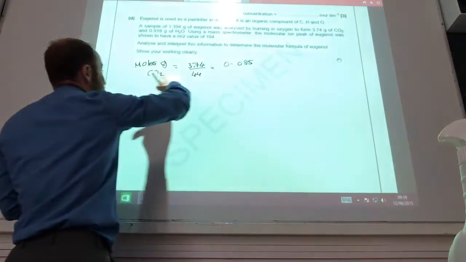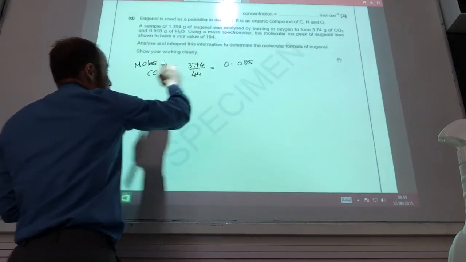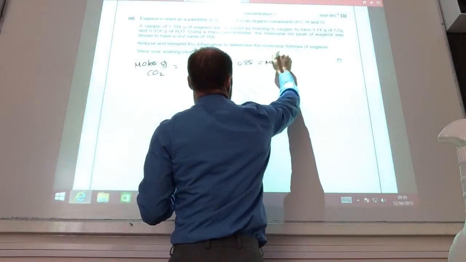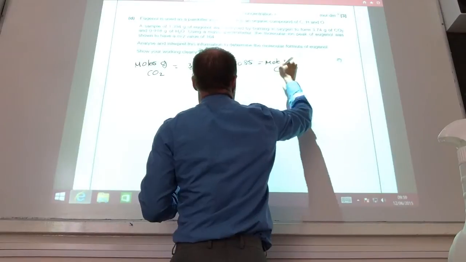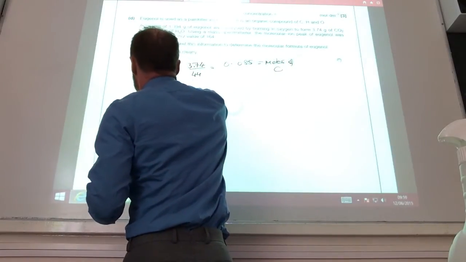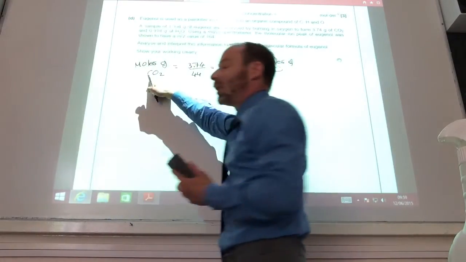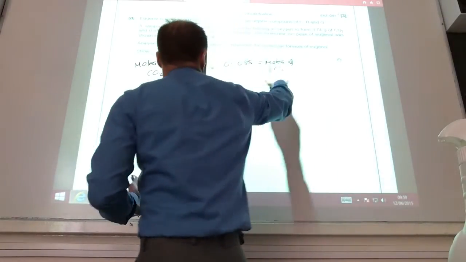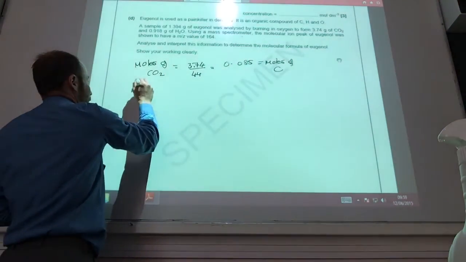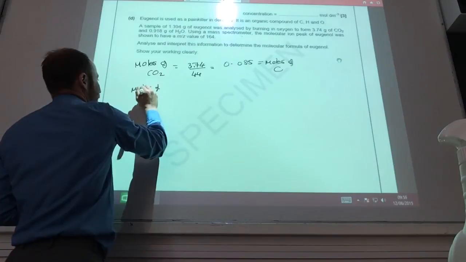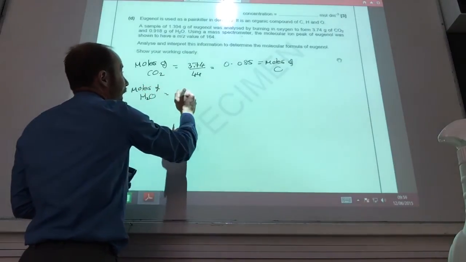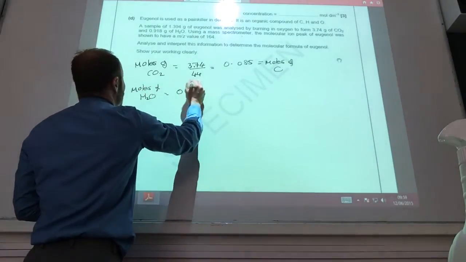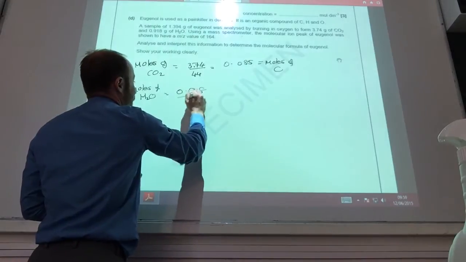Now, that has got to be the same as the moles of carbon, because in every one carbon dioxide molecule I've got one carbon atom. So that has got to be the same. Moles of H2O is going to equal 0.918 divided by 18.